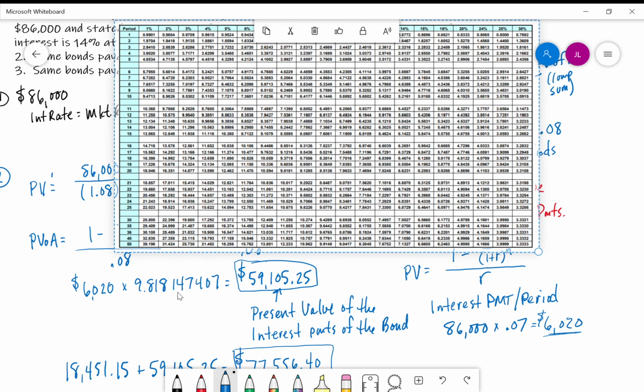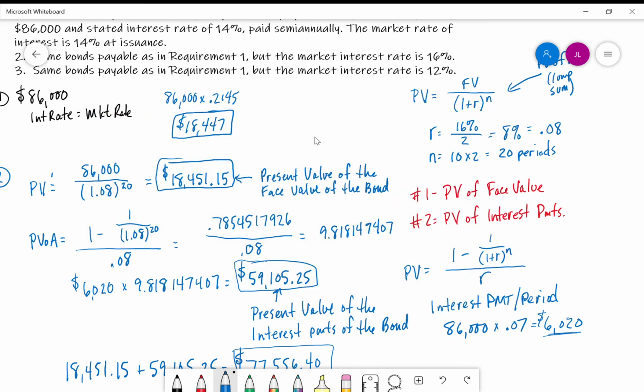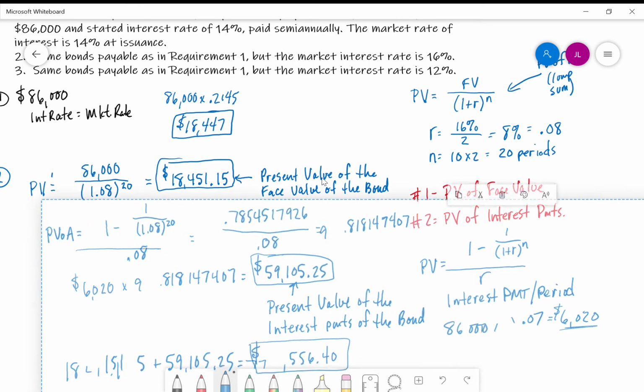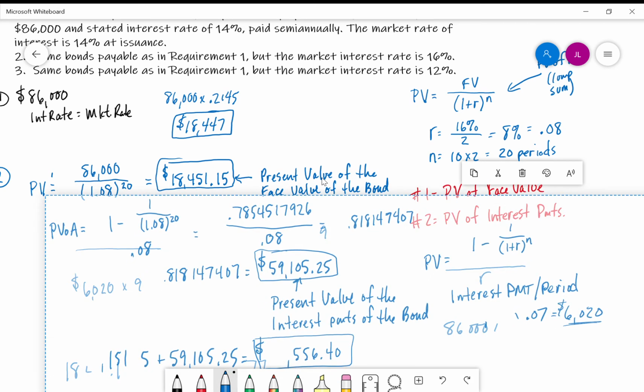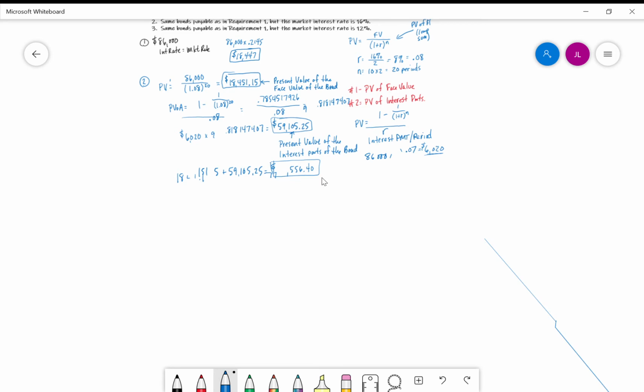So we will have a rounding error if we use the table, because we'll be leaving out this 0.000047407 value. So tables are nice to use, and they make things easier for us, but you've always got to remember that a table is not going to give you an exact value.